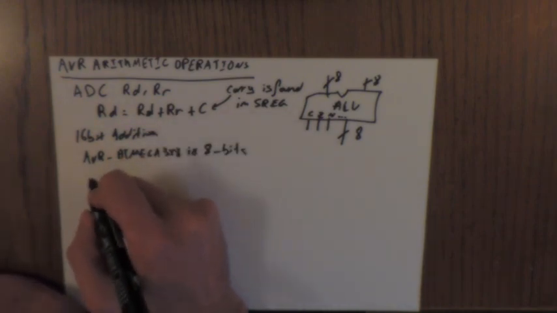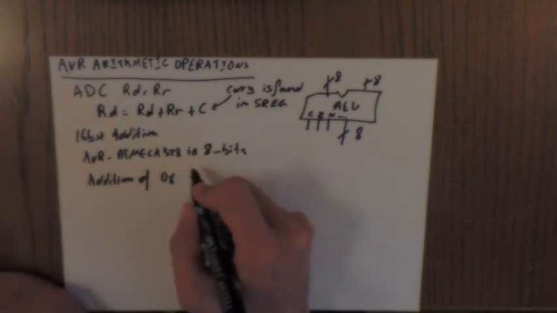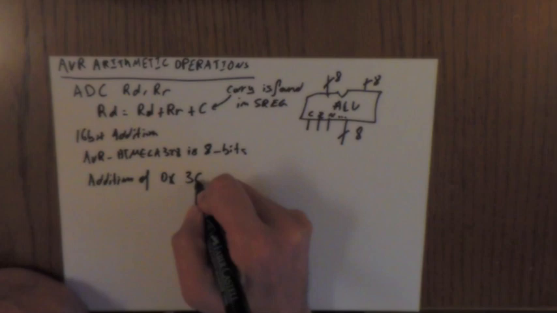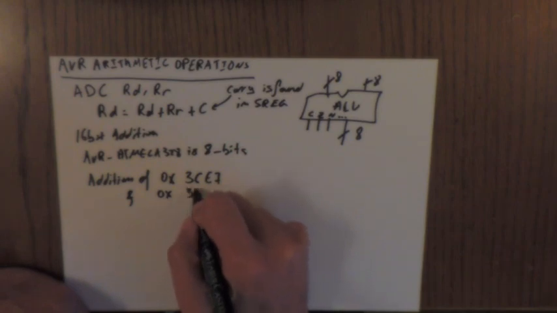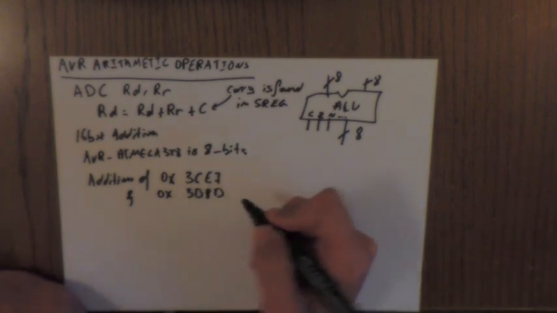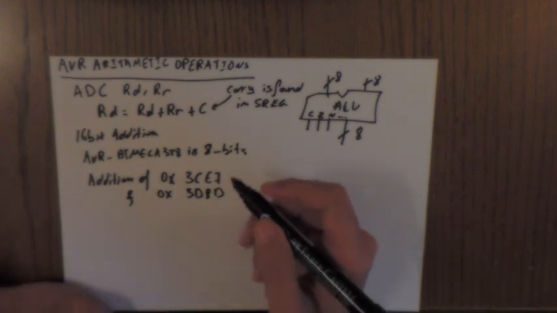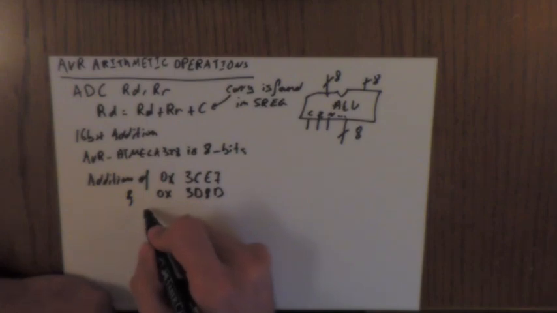So imagine we want to do the addition of 0x3CE7 and 0x3D8D.